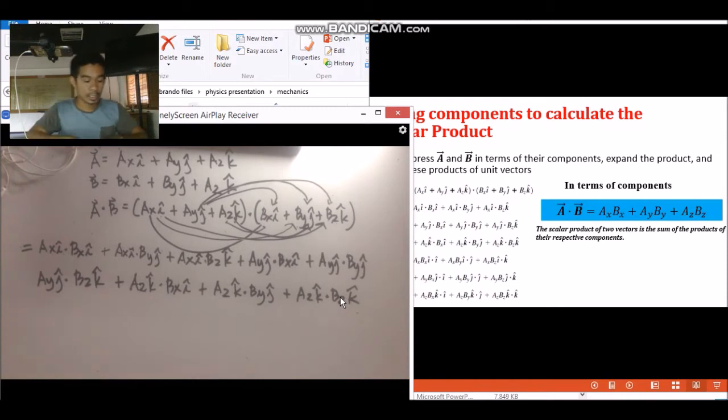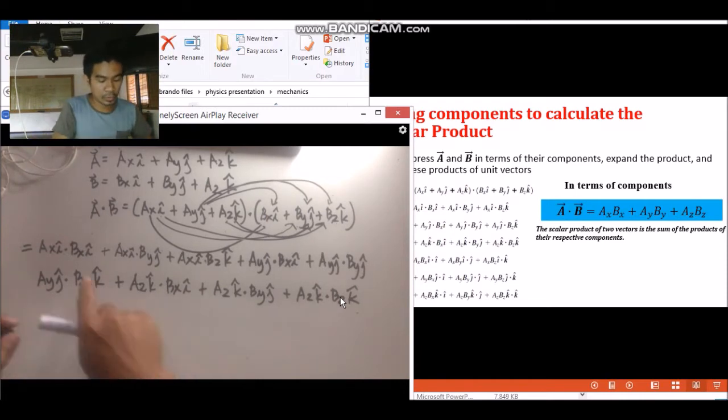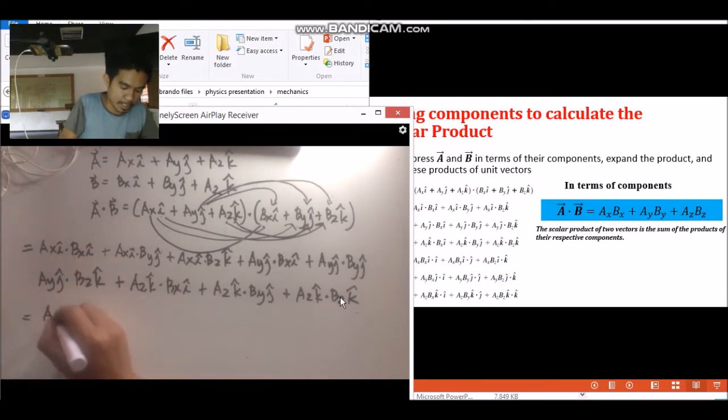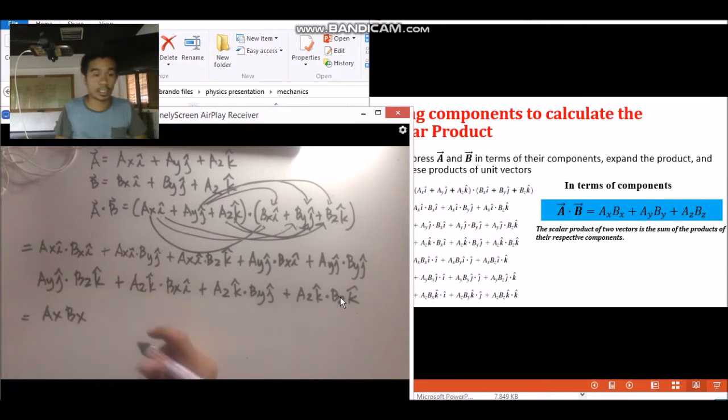Alright, so if two vectors are parallel, what is i hat dot i hat? It is equal to 1. So 1 times ax bx, so that's ax bx. How about this one, i hat dot j hat?